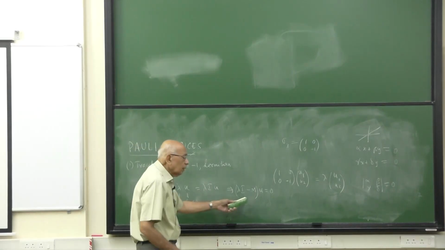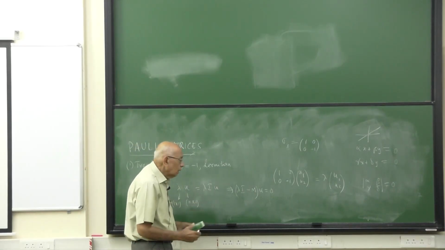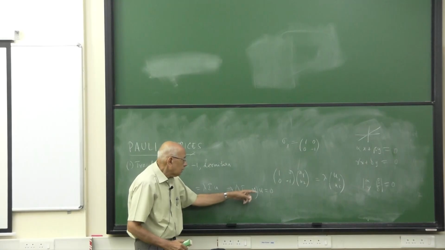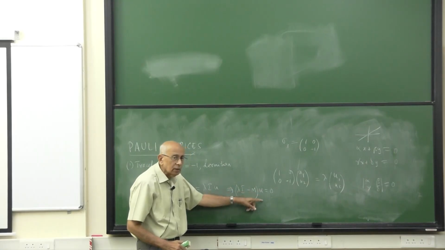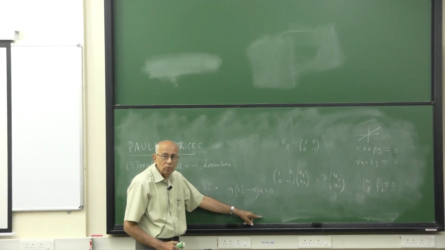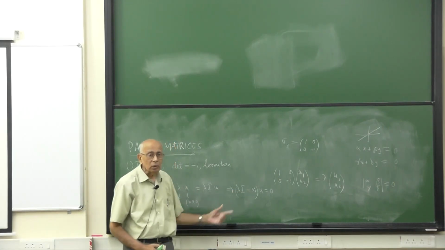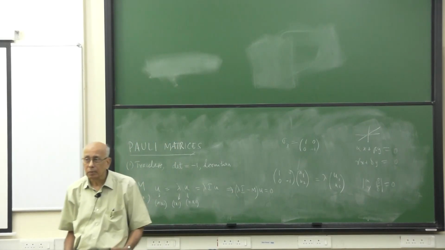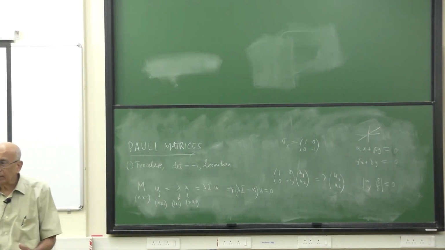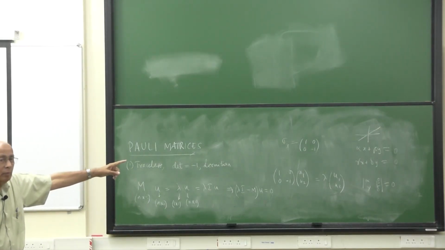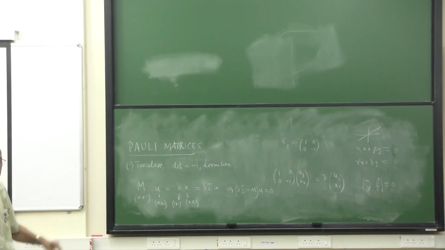When will this set of equations have a non-trivial solution? In general, this set of equations has a trivial solution, which means u1 is 0, u2 is 0, all the way to un equal to 0, unless the determinant of this matrix is 0. If the determinant vanishes, then you have the lines lying on top of each other situation.